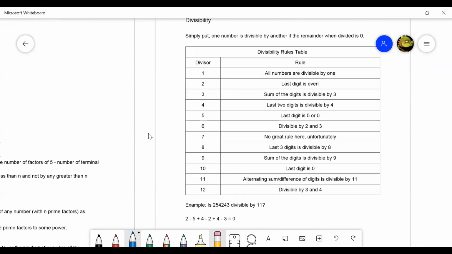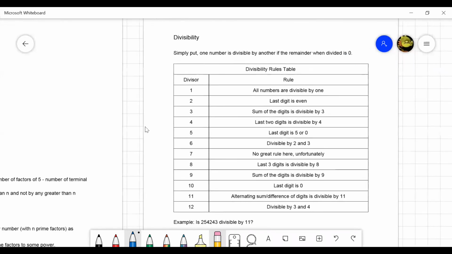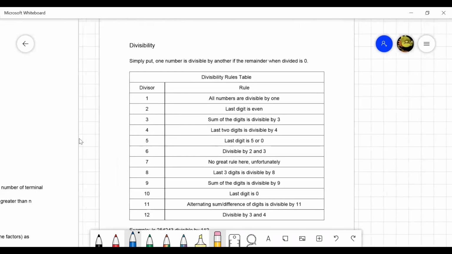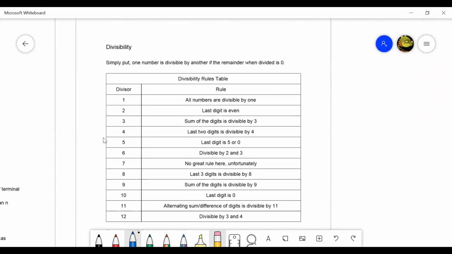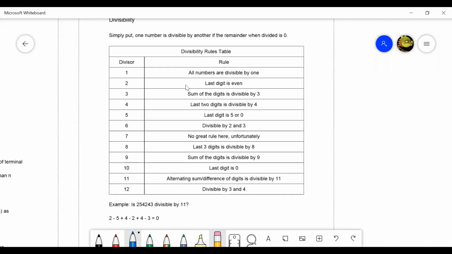Now we're talking about divisibility. This one is a universal tip: knowing divisibility rules for the first few numbers is generally pretty helpful for any kind of problem, but number theory especially. So I made this table that can be used to see if a number is divisible by the divisors 1 through 12.